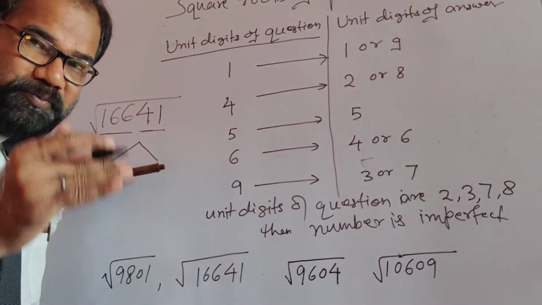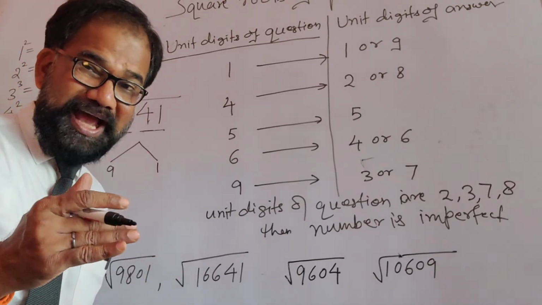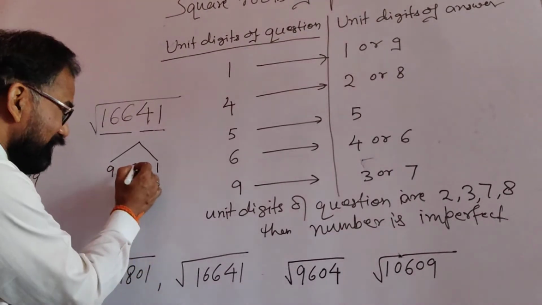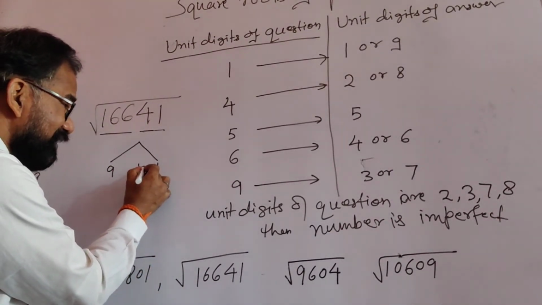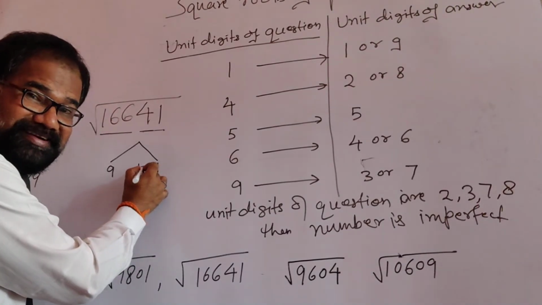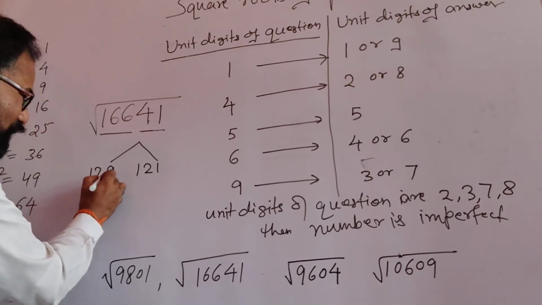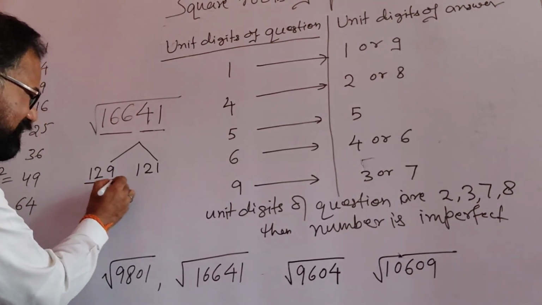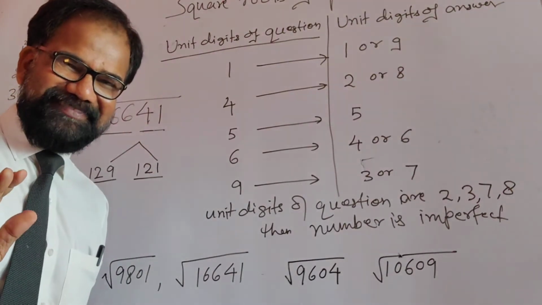And 144 is the square of 12. Now at this place that will be 12. Now two possibilities. Your answer will be 129 or 121, right?